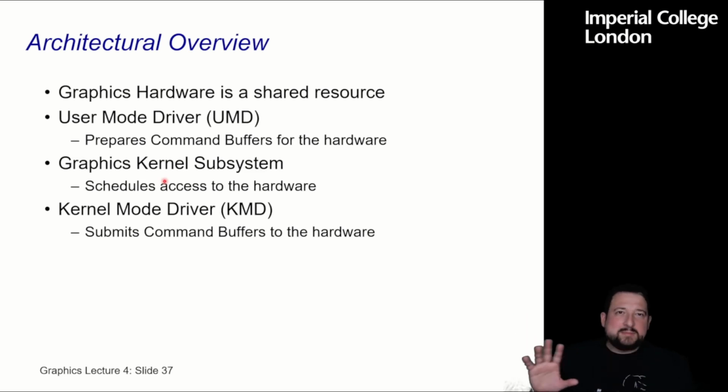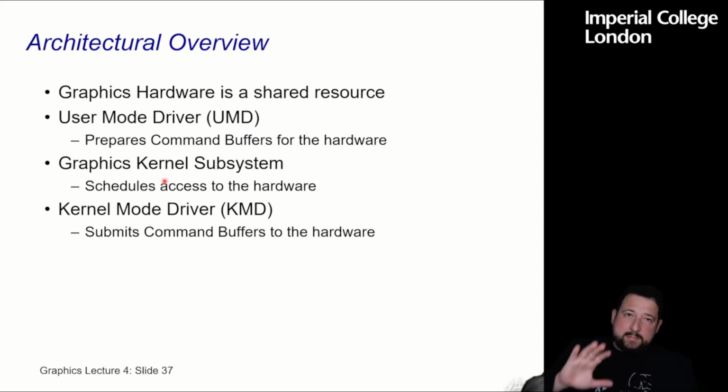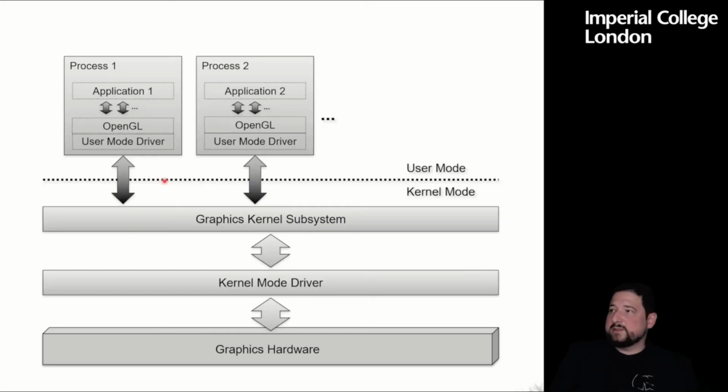Yes, sure, that happens, because over the generations a card 10 years ago might not be able to run graphics code from today, but most of the basic features, like the basic rigid graphics pipeline, might still be very, very similar, especially if you use OpenGL. So you could run this sort of code consistently also on very old hardware, but only because it's abstract. You talk to a shared resource.